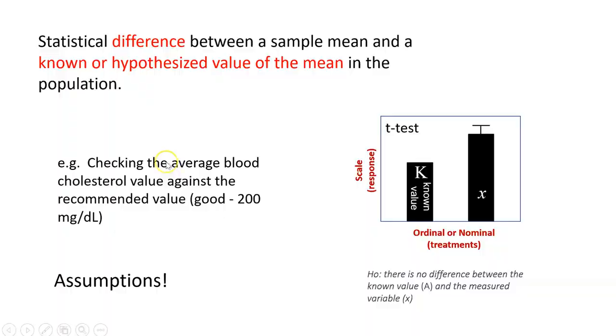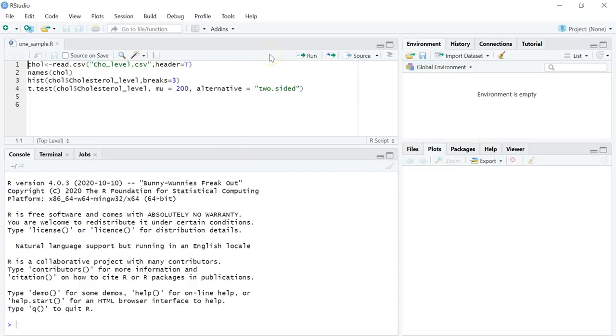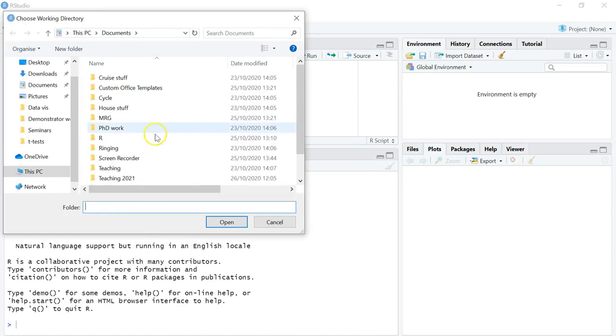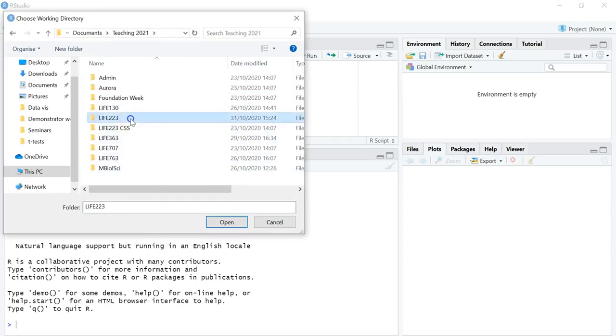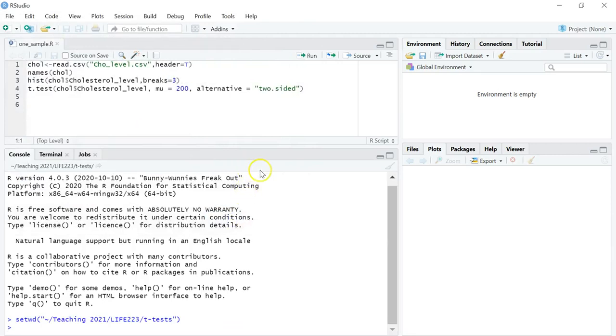If I just come out of PowerPoint and go into R, I can show you how this would happen in R. First of all, I'm going to set my working directory, and I'm just going to feed in a file called cholesterol.